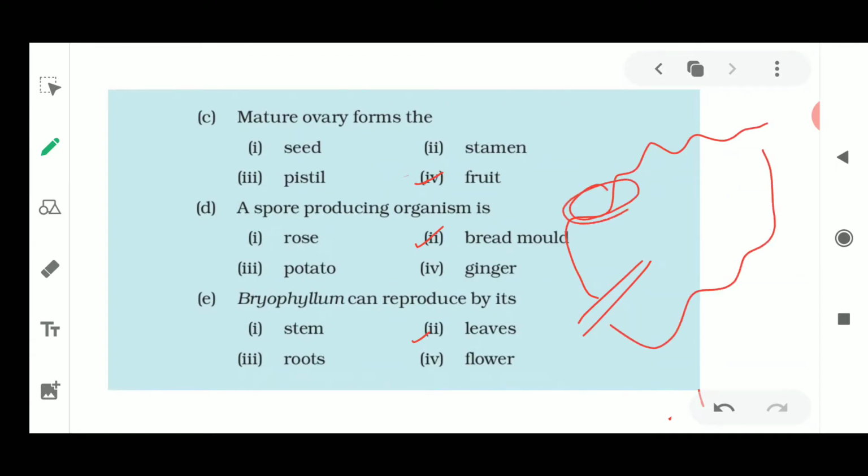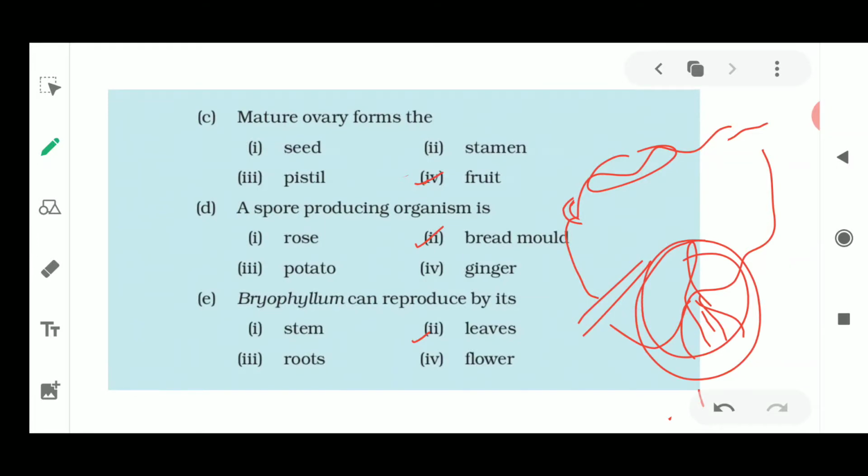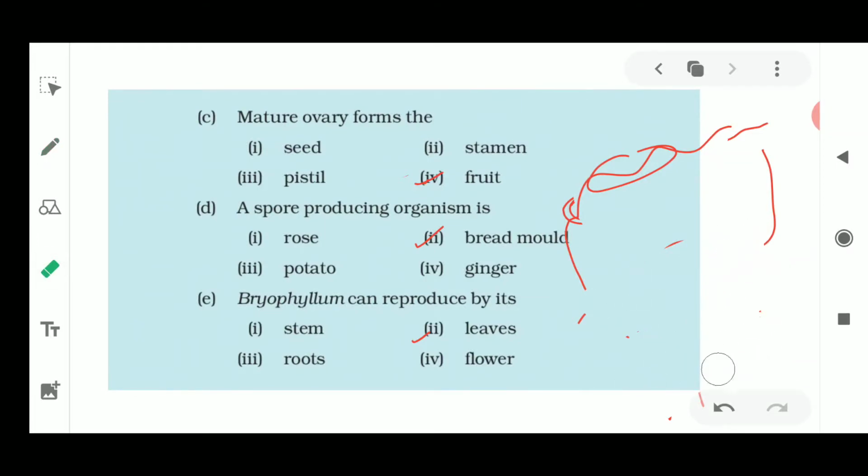So these notches are the main place from where the new plants will develop. Okay, so these notches are going to develop a new plant. So if this plant is going to detach from here, it is going to grow in the form of a new individual. So this is how the natural vegetative propagation is going to happen in the bryophyllum.